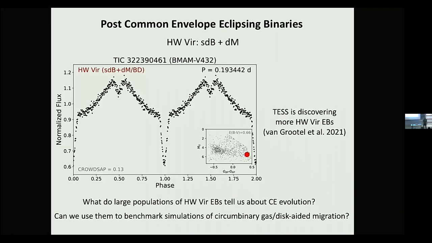Yeah, well, this is very different from the coplanar prograde binary situation where there's gap clearing by tidal resonances and all that going on. There are gas streams and all this stuff happening.